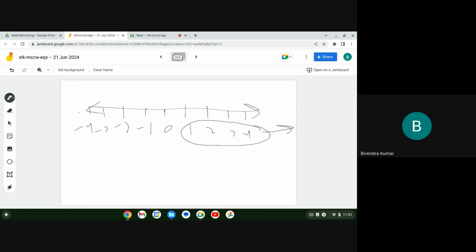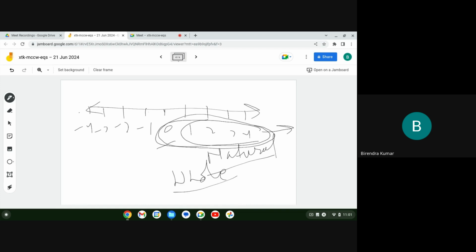Natural numbers. Natural numbers. Okay. If you include zero also, this set becomes whole numbers, meaning zero plus natural numbers. Natural numbers, when I say I'm going from 1 all the way till infinity, all in the positive direction. Like you said, positive numbers, right? So all positive numbers plus zero together is called whole numbers.